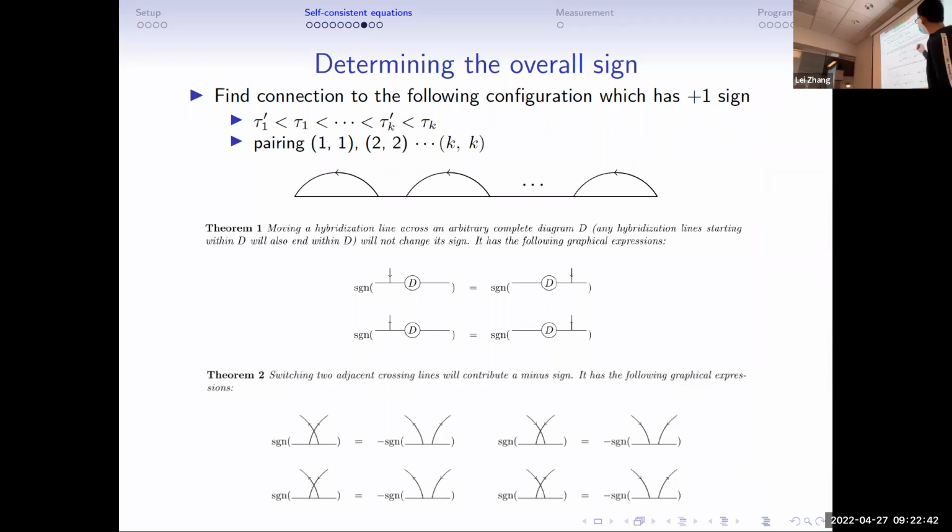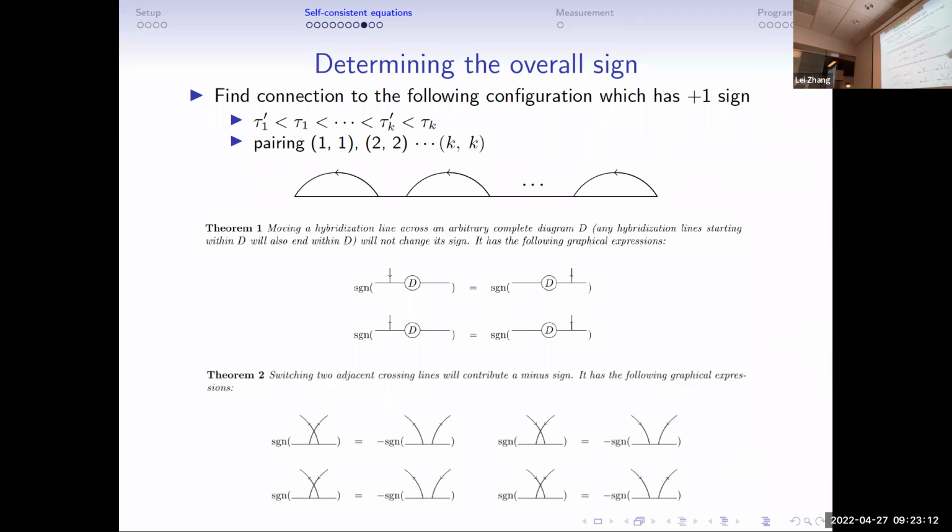So this configuration is tau 1 prime less than tau 1 less than tau 2 prime less than tau 2, etc. And each D is paired with the corresponding D dagger. From the first thing, we know that the sign coming from the time order of D and D dagger is +1. From the second one, we know that the sign from the determinant is also +1. So we just want to find the connection to this configuration.